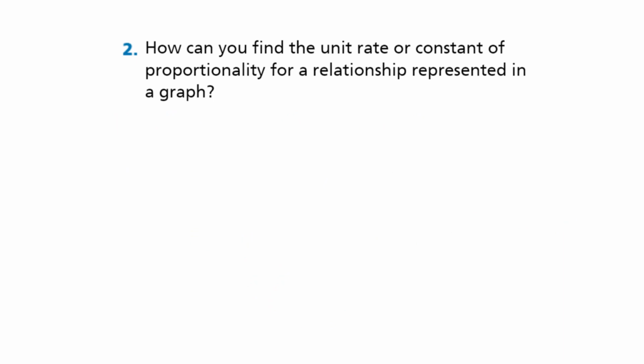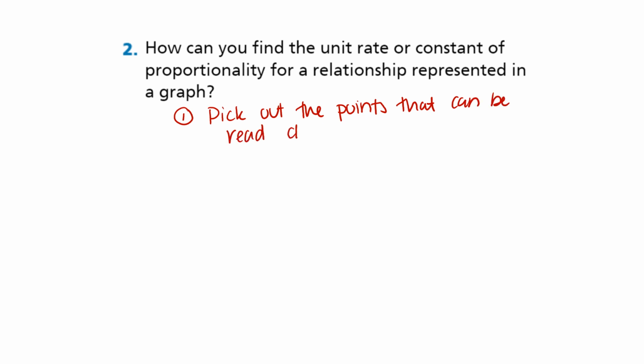Find the unit rate or constant of proportionality for a relationship represented in a graph. So our first step is to pick out the points that can be read clearly. We are then going to find the pattern between the points.